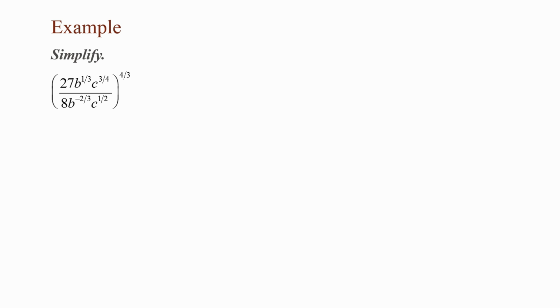In this example, I want to simplify parentheses 27b to the 1/3 c to the 3/4 over 8b to the negative 2/3 c to the 1/2, all to the 4/3 power. By order of operations, we need to simplify what is in the parentheses first.